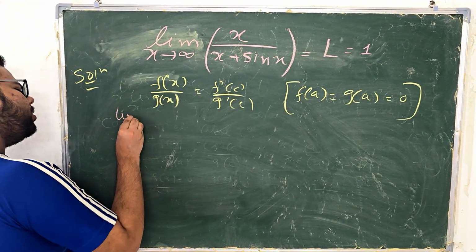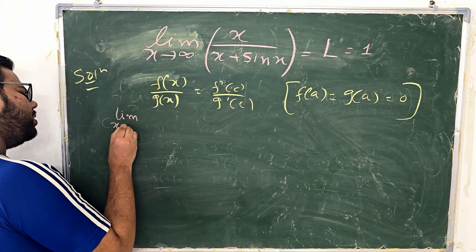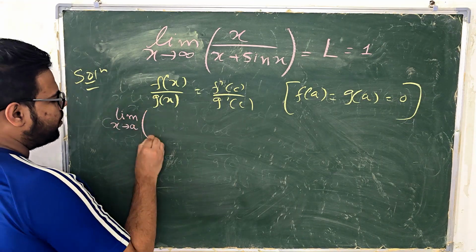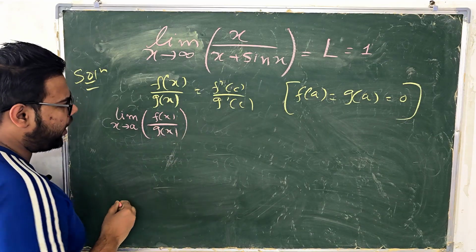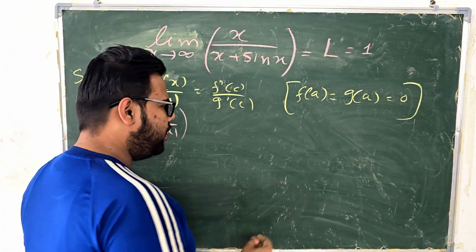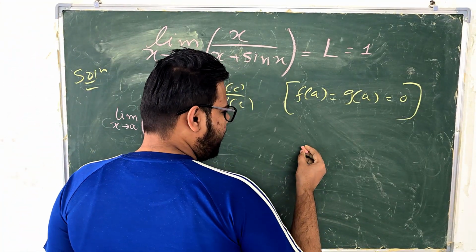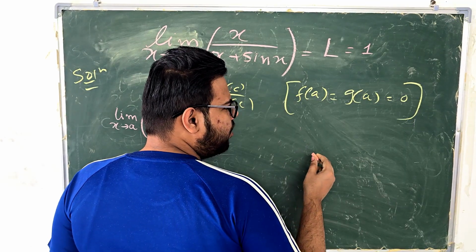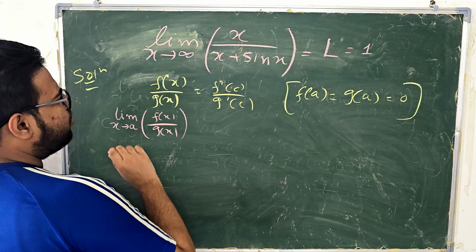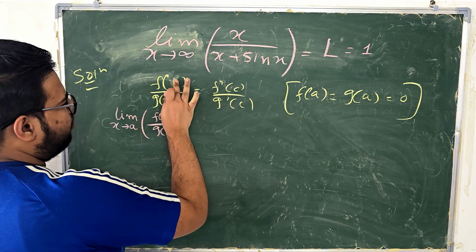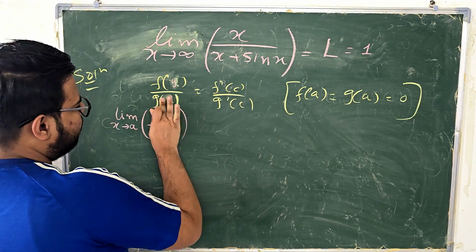You can assume limit as x tends towards a, f of x, g of x, right? Now notice one thing, we had assumed that the function was the input, or you can assume it as suppose y for the time being.